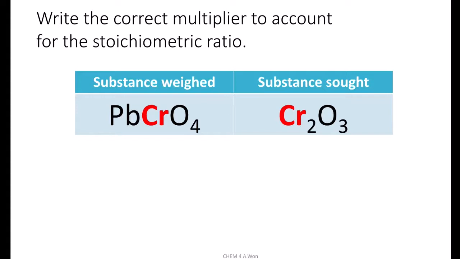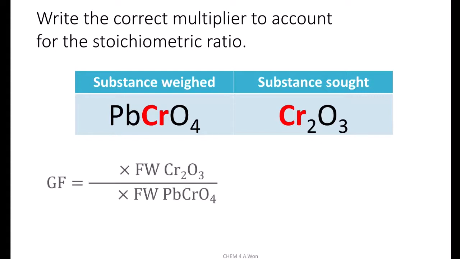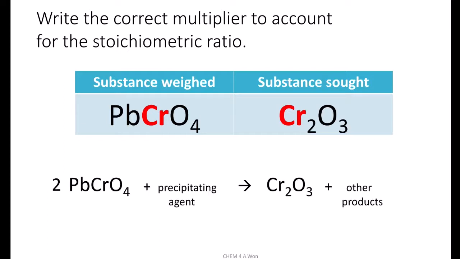I think now we can identify the stoichiometric ratio. So, let's go back to the formula of the gravimetric factor. What should we input as our multiplier? Okay, in Cr2O3, there are two equivalents of chromium, while in PbCrO4, there is only one chromium.